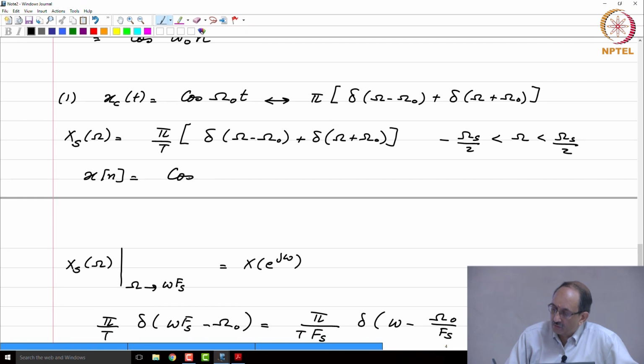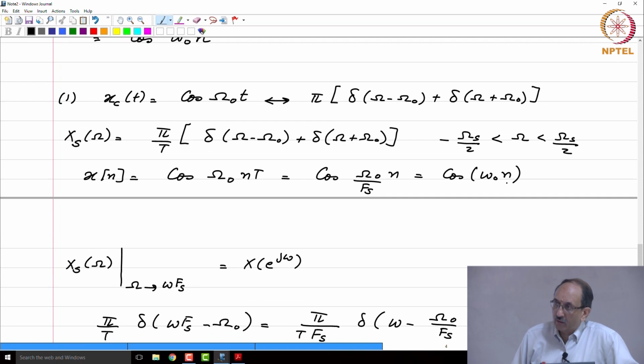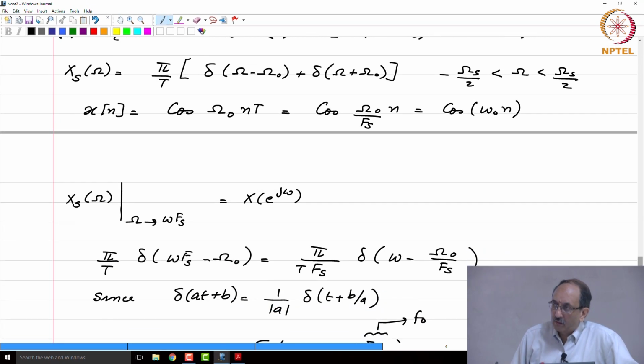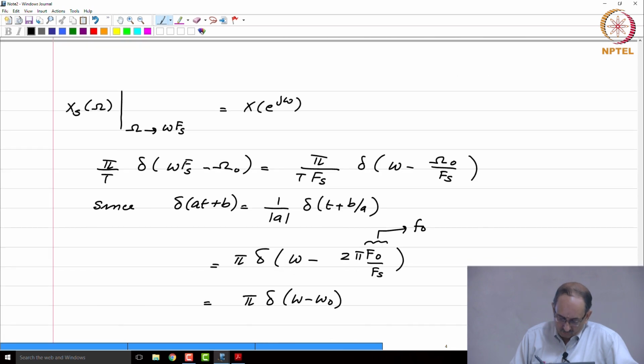Therefore, this is cos omega naught n times cap T, which in turn is cos omega naught n by F s, which we just earlier saw. This was nothing but cos omega naught n. Therefore, the samples of the signal taken cap T apart gives us the discrete time sequence cos omega naught n, and the first term turns out to be pi times delta omega minus omega naught.